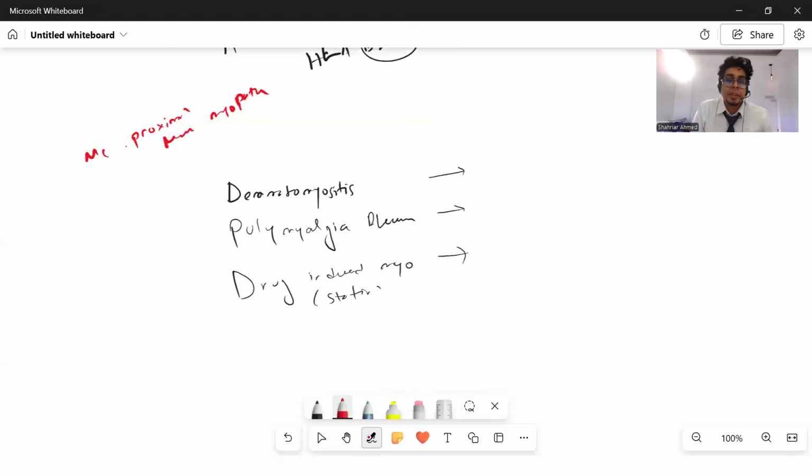So proximal muscle myopathy is a very common thing for all of them. So difficult to comb hair, difficult to button the upper thing, raise the hand above the head, all this becomes difficult.